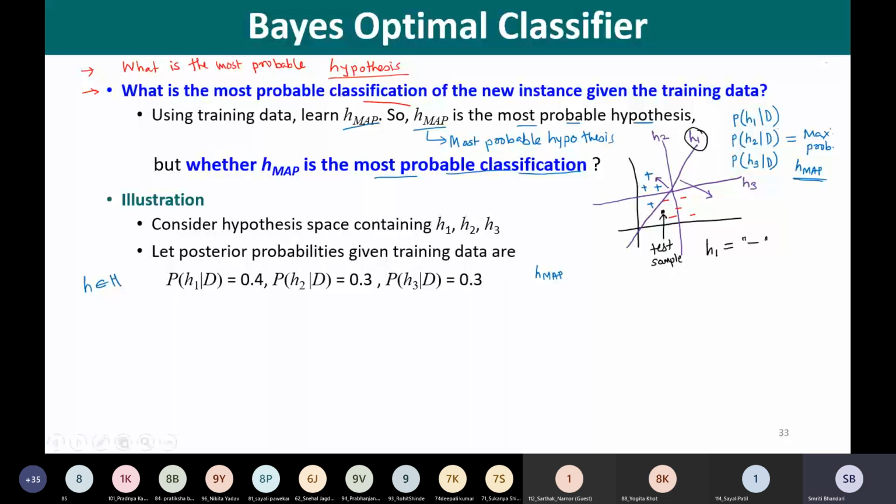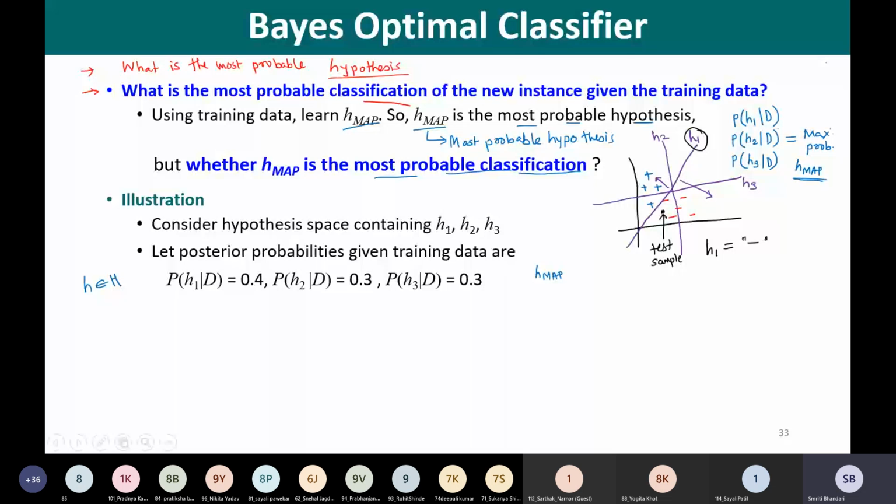So if we are considering this hypothesis H2, what would be the class for this test sample with respect to H2? Positive. With respect to H2, it would be positive, right? H2 will classify the same sample as positive.